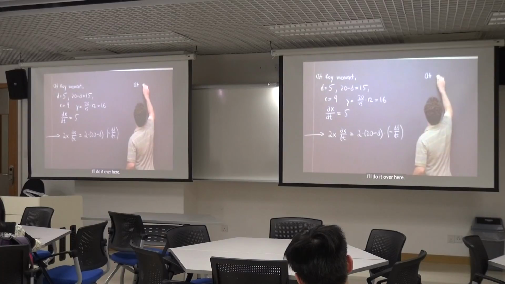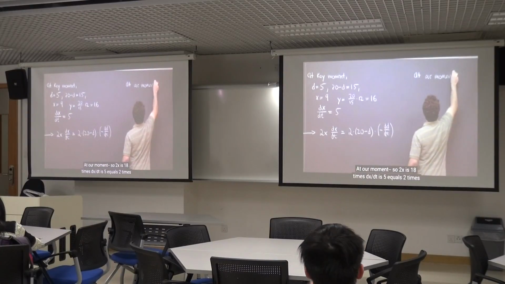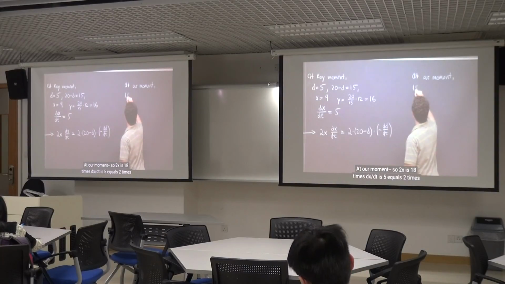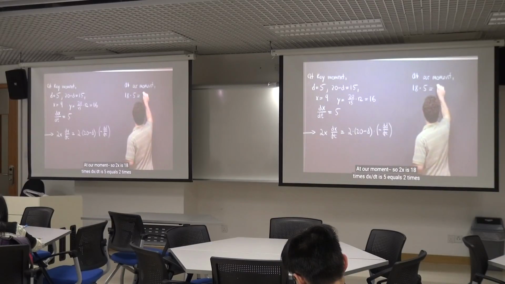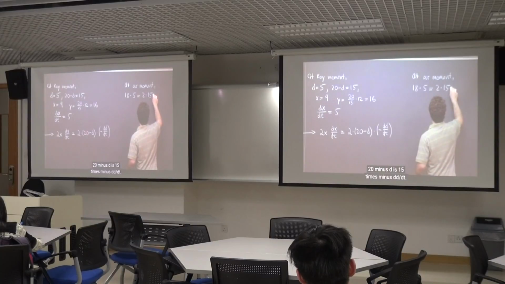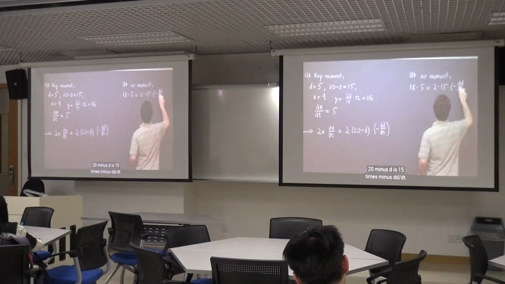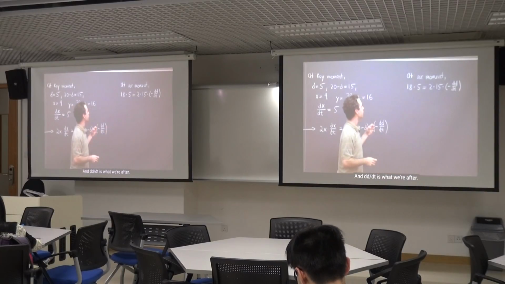I'll do it over here. At our moment, 2d times dd/dt is 2 times 20 minus d is 15 times minus dx/dt. And dd/dt is what we're after, so we just divide through.